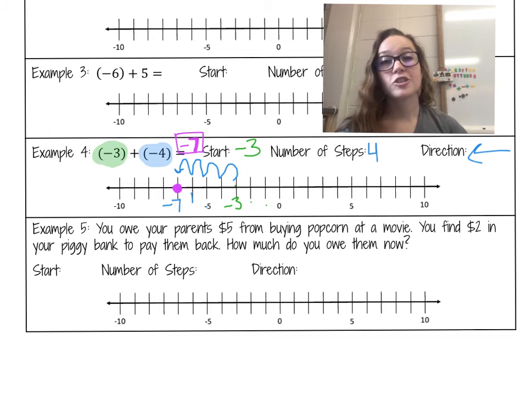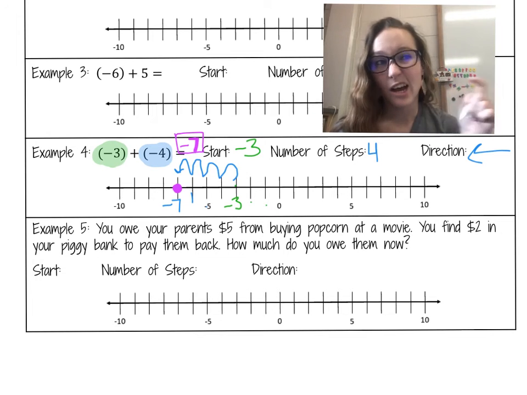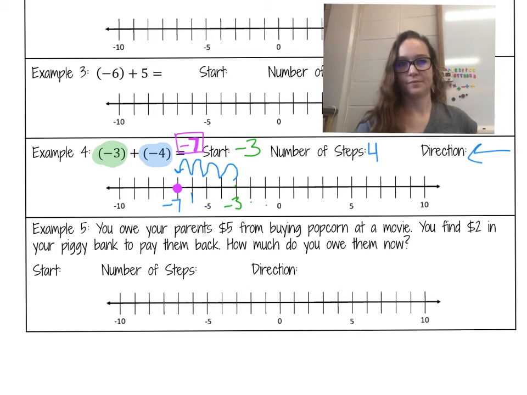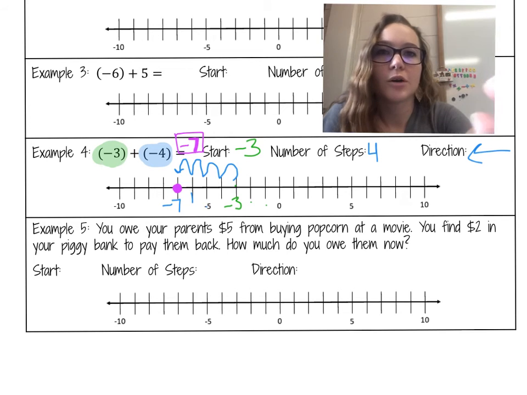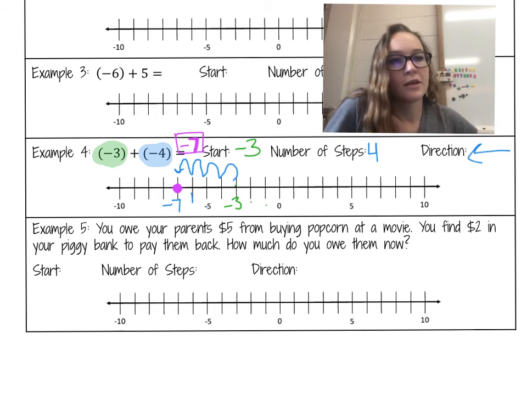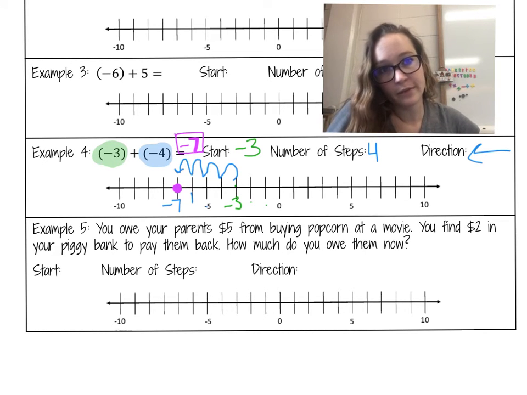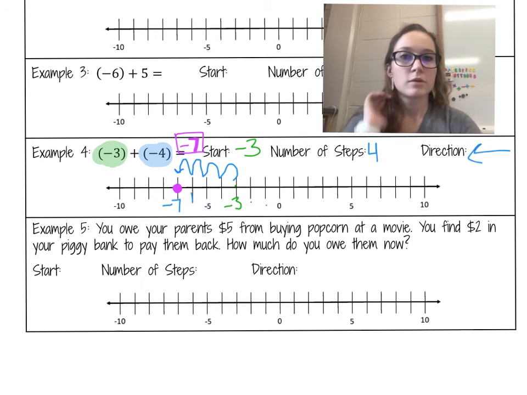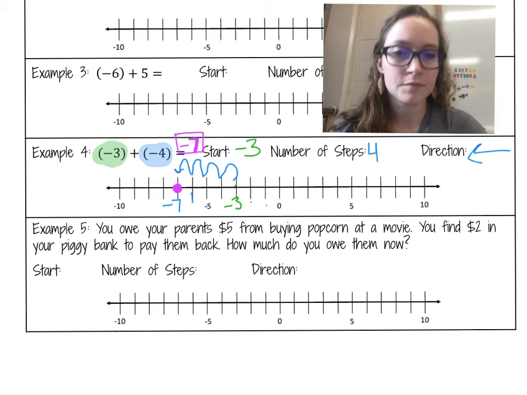All right, you're doing so great that I think we can do a word problem first try. So you owe your parents $5 from buying popcorn at a movie. Then you find $2 in your piggy bank to pay them back. How much do you owe them now? So let's write our number sentence first.